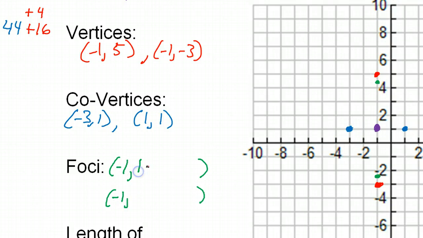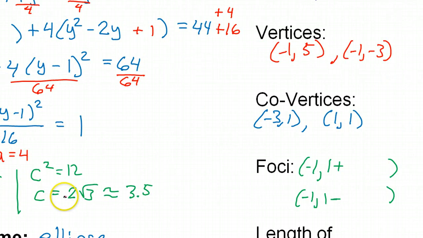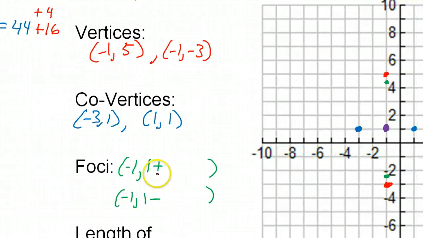So I'm going to start off by saying 1 plus something to take me to the upper point, and then 1 minus something will take me to the lower focus. The thing we're adding and subtracting is the c value, because that's the distance to the focus. So I'm adding and subtracting 2 radical 3. So 1 plus 2 radical 3 and 1 minus 2 radical 3. All right, that is how you do the foci.